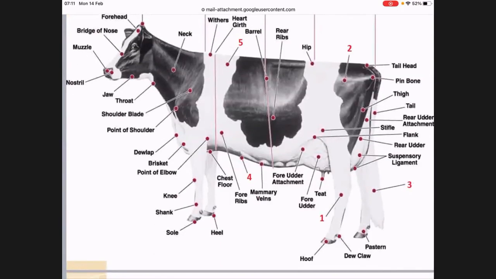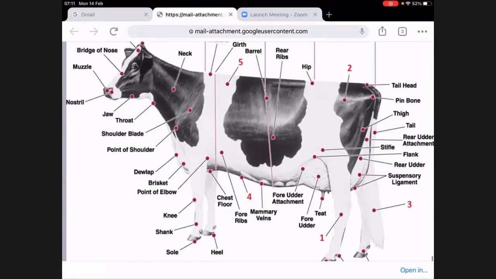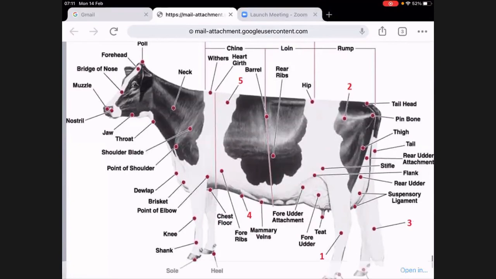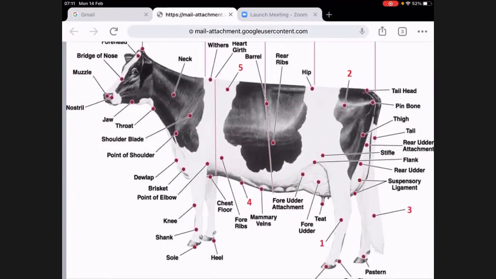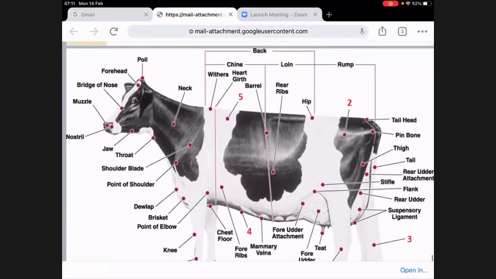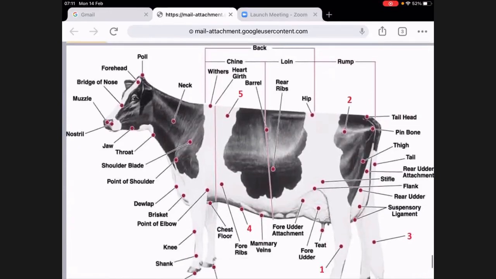This is just to show you, maybe I would have shown this. You study this in practical. The parts: poll, not horn. Poll means no horns. Forehead, bridge of nose, muzzle. The muzzle comprises the nostrils as well as the oral cavity. Jaw, throat. Shoulder blade, and point of the shoulder, just at the tip of the shoulder.